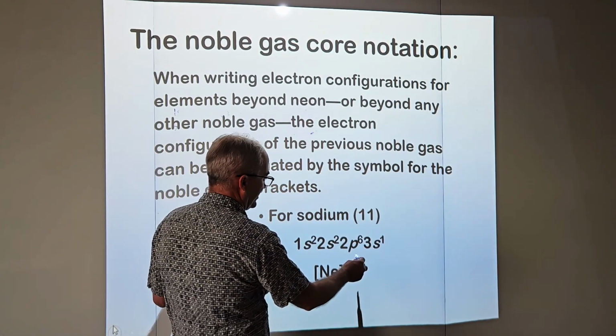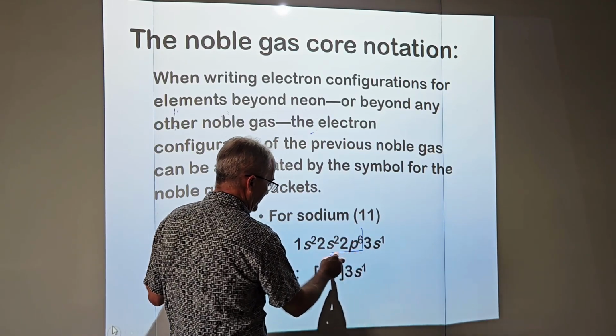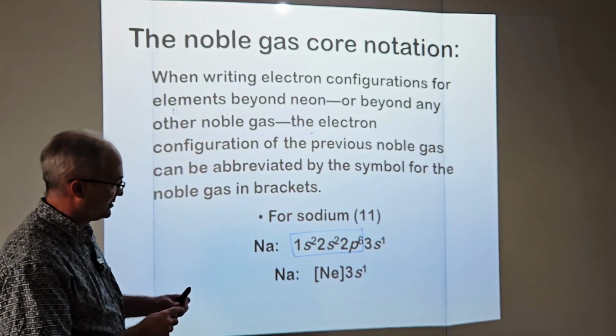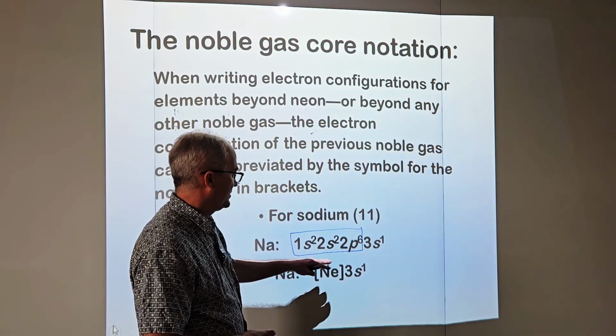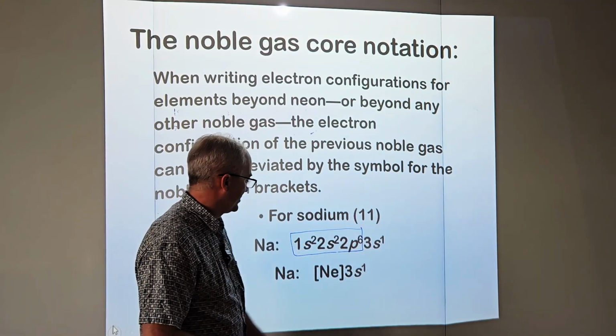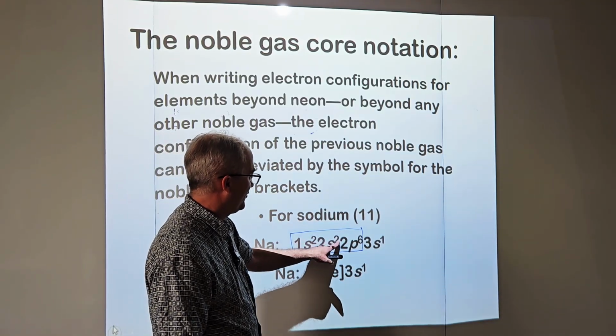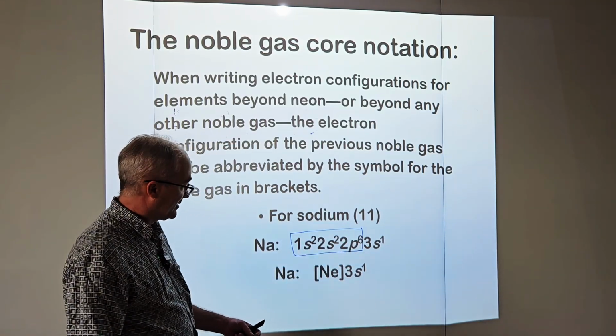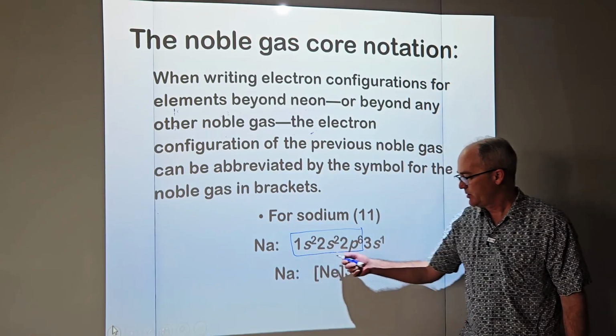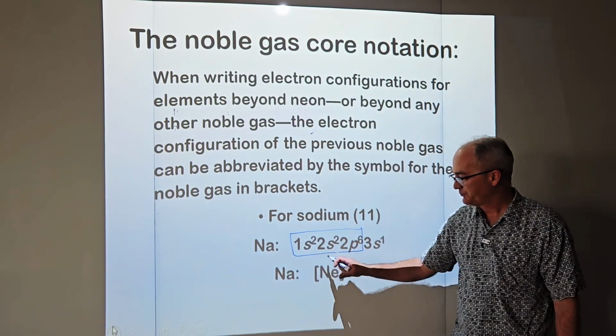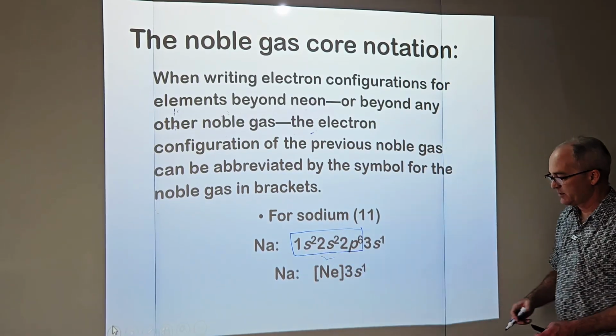So if I look at this, here's a nice completely filled set of orbitals. I got first energy level, the second energy level, and then the third there. And if I look at this and say what has 2, 8, 10 electrons, that'd be neon. So when I put neon in brackets, that represents that whole mess there.